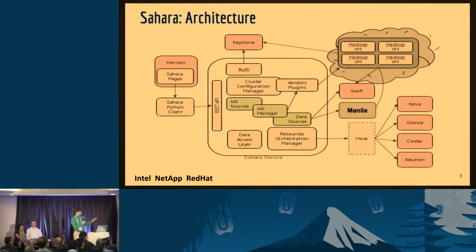Then we use those vendor plugins to configure the cluster together, make it work. We also, in our elastic data processing, have data sources. Right now, we had Swift as a data source before. We, of course, have native HDFS within your cluster. And now we have Manila, which is really what we're here to talk about today.